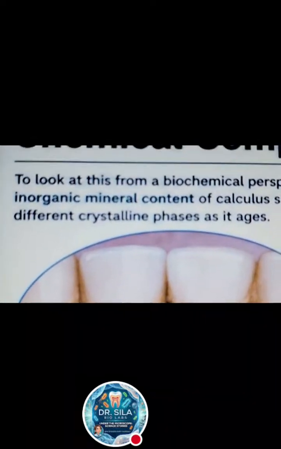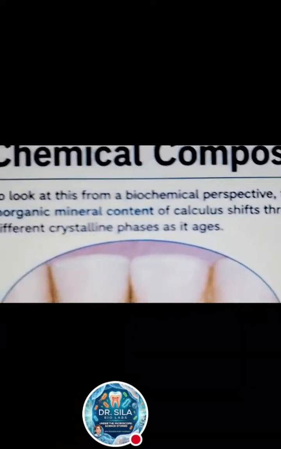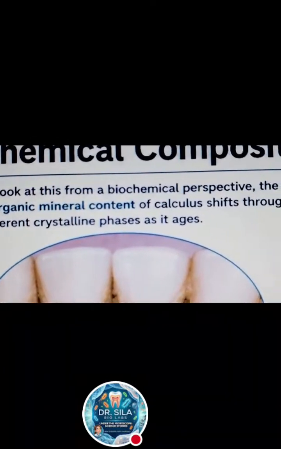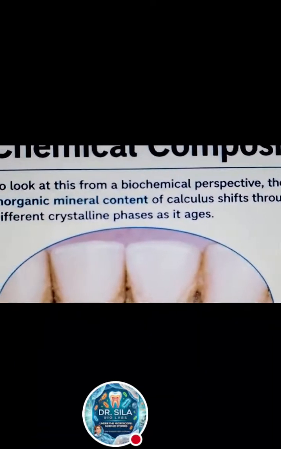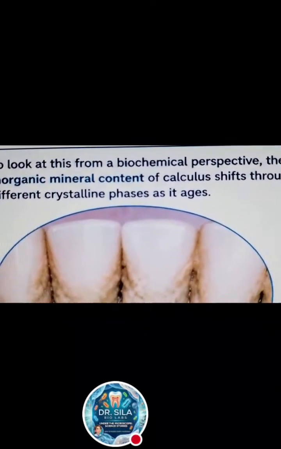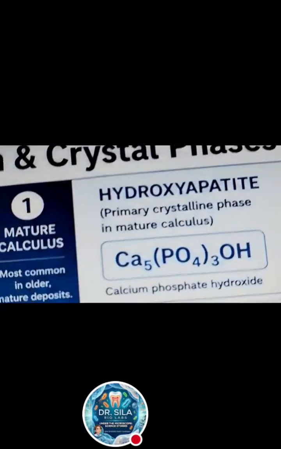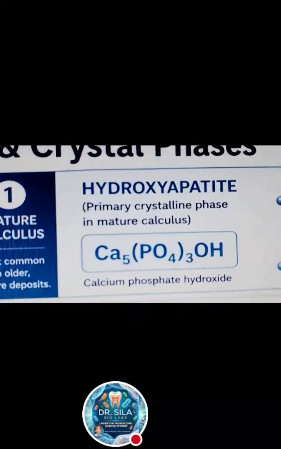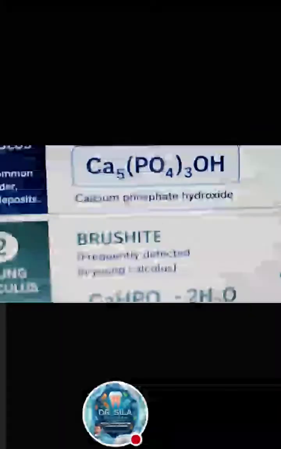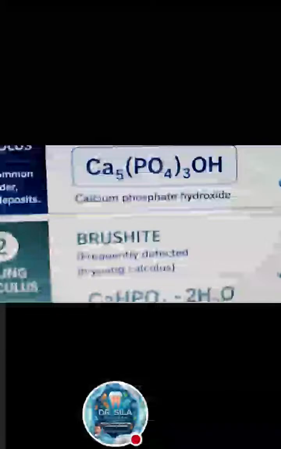From a biochemical perspective, the inorganic mineral content of calculus shifts through different crystalline phases as it ages. Mature calculus is hydroxyapatite, calcium phosphate hydroxide. Young or soft calculus is brushite, dicalcium phosphate dihydrate.